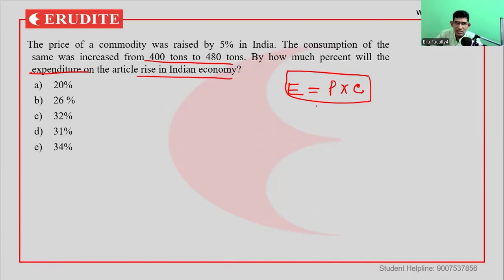In this case, what do I see? Price has increased by 5%, so I write: price has increased by 5%.